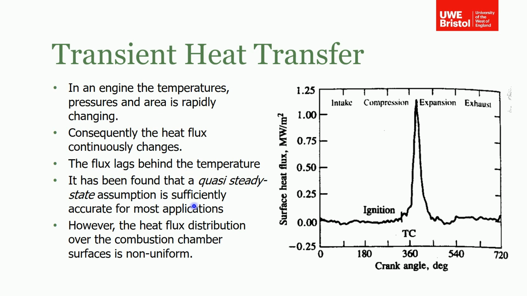But the reason I first presented to you a steady state scenario is because it's been found that most of these heat transfer problems can be treated as a quasi steady state approximation, and this is sufficiently accurate for most applications.